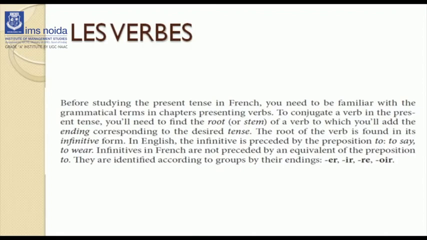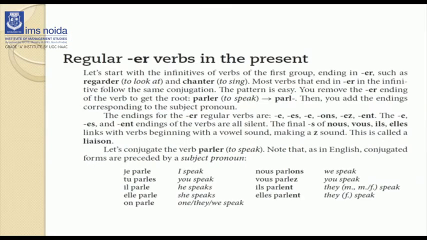So let's quickly revise the verb conjugation groups, and then we will learn what other groups we are following. As you know, the regular verbs in the present follow these endings.